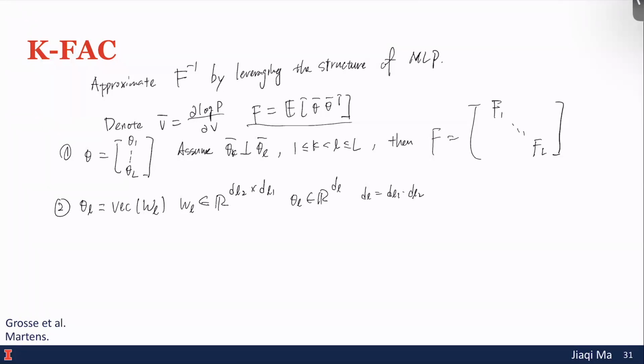And for the MLP, we denote SL equals WL times AL minus 1, and AL equals sigma of SL. So SL is the logit for the neurons before activation, sigma is the activation function, and AL is basically the neurons after activation.